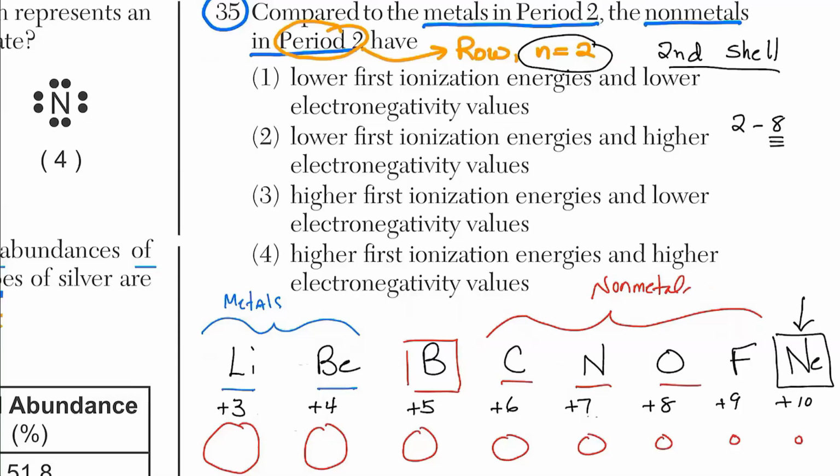That's what makes the radius smaller. So without Table S, what happens when you go across period 2? That's what they're really asking, row 2. So compared to the metals, the nonmetals are going to have a smaller atomic radii.